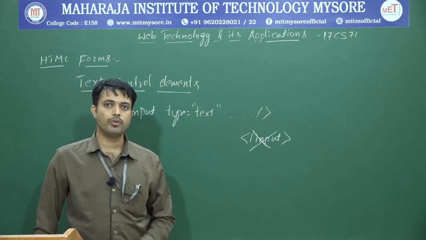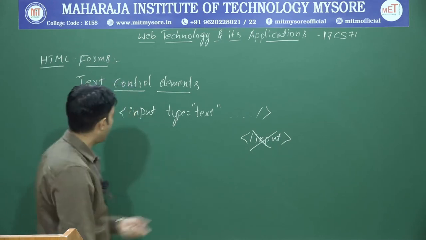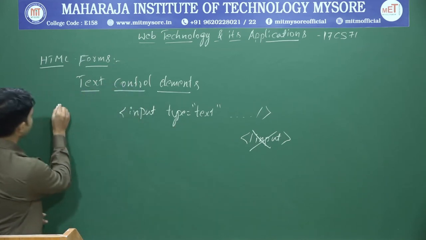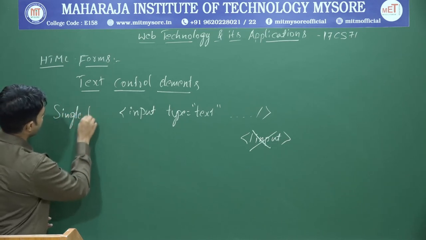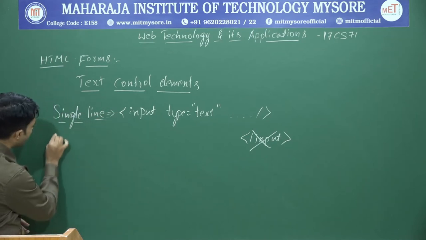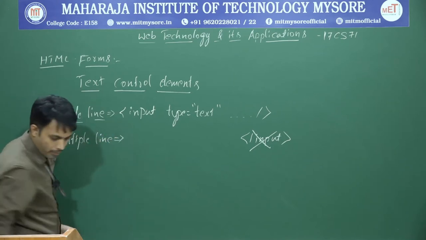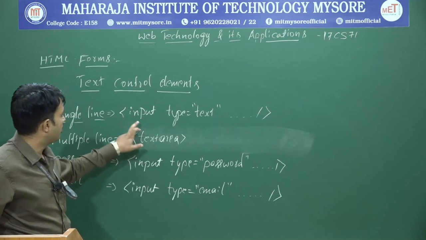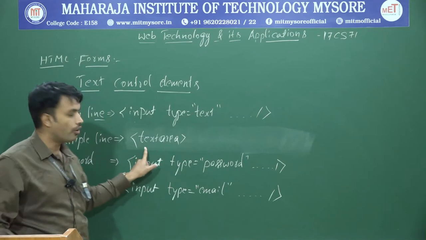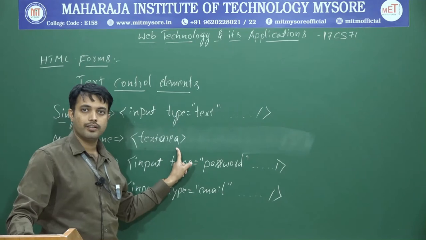Next, what if you want to read multiple lines? This is for a single line. For a single line we use the input tag and type equal to text, and in order to read multiple lines we have a tag called textarea.